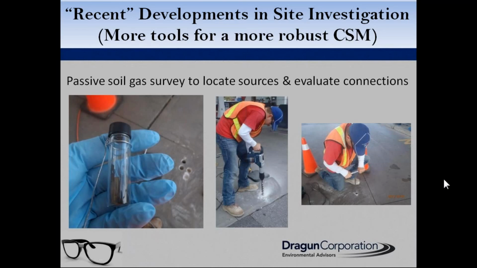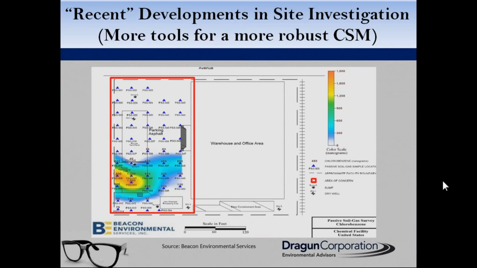We'd do a grid, and the grid in this case is these bluish triangles, and we'd get concentrations from all of those locations and be able to get a relative concentration map of gases. The one you're seeing is from Beacon Environmental. That's the lab we've been using, and they were looking at chlorobenzene.